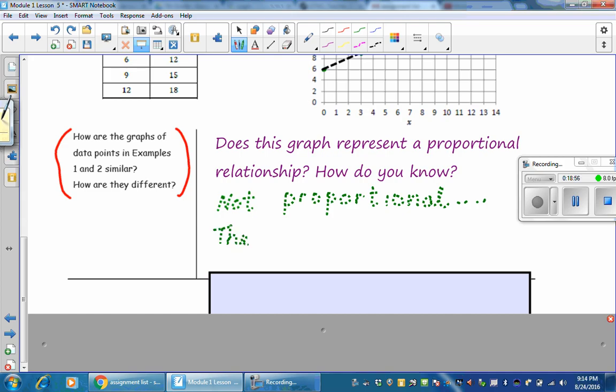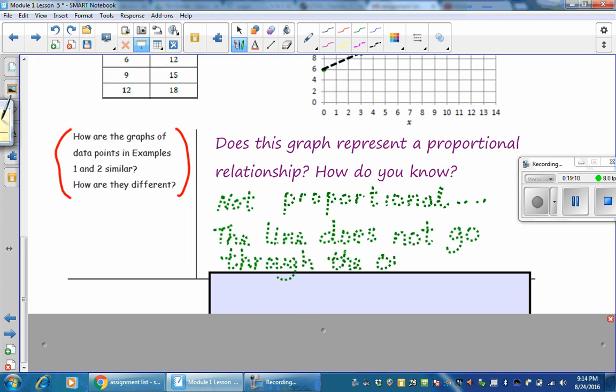The line does not, can you read that okay? Go through the origin. And you'll want to keep that in mind as you're doing your summary in class tomorrow. This is not proportional. Why? Because the line does not go through the origin.